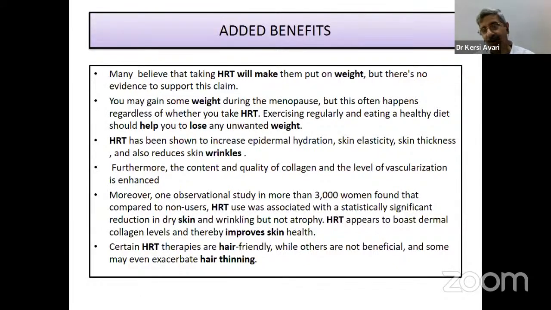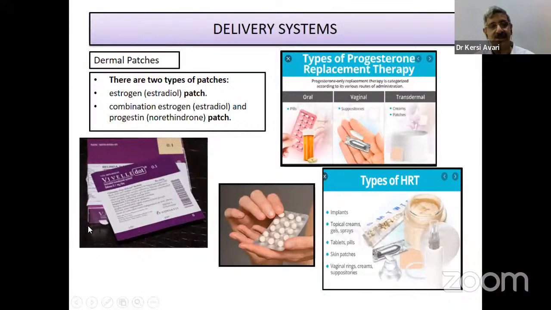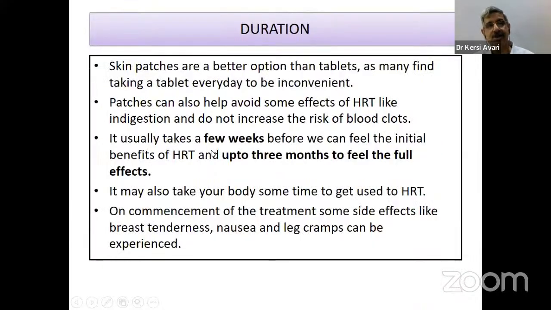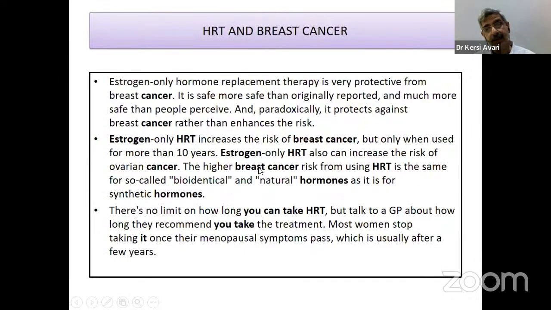Well, it cannot be said for all. So these are your systems: your tablets, your patches, estrogen patch, estradiol or progestin patch. Duration, as I said, 3 to 4 months. Contraindications were there that they cause breast cancer.